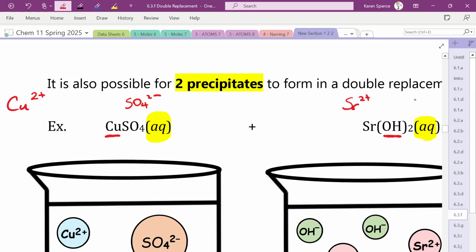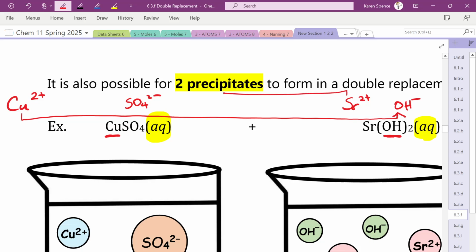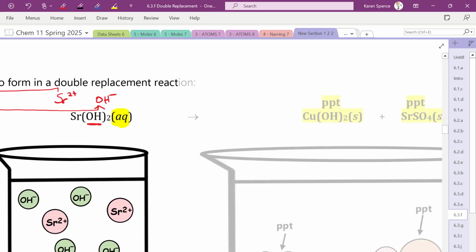Strontium is 2+, and hydroxide is OH-. So now we're going to combine our outside ions, Cu and OH. So that's going to be Cu(OH)2, don't forget your brackets. And then we'll combine the strontium with the sulfate, so that's going to be SrSO4 because they have the same charge, they balance each other out.